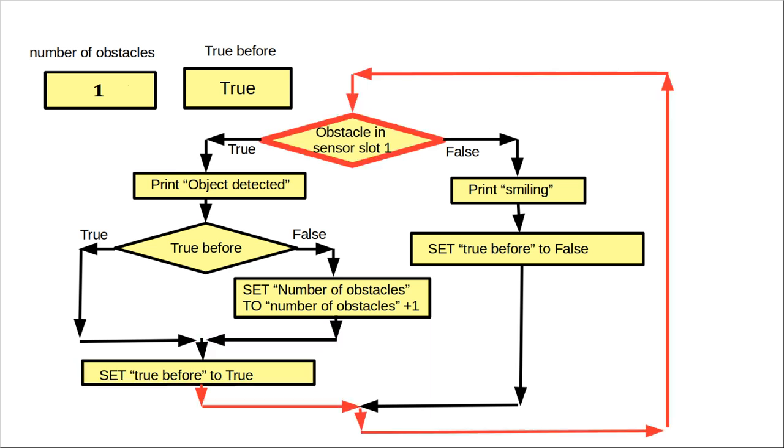When the first branch is executed again, the obstacle is still there. Thus the outcome of the logical expression is still true. Then we reach the second branch, but this time, the true before variable is true. This means that the number of obstacles will not increase, and this will be the case as long as the obstacle is not removed, so that the true before variable becomes false again.